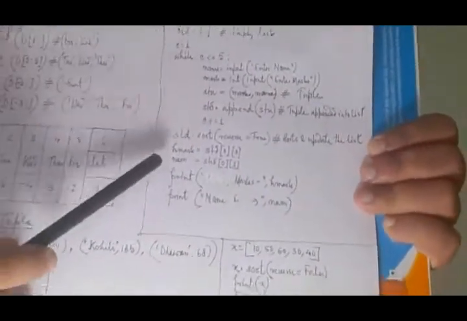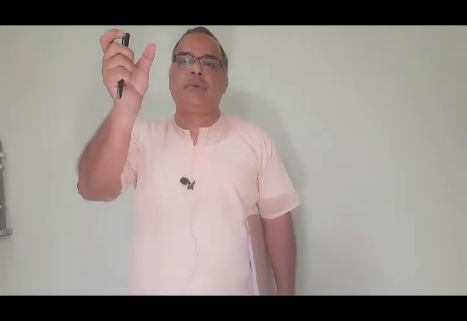Now naturally, when the values are sorted in descending order, the topmost array, that is array 0 0, will contain the highest value, and automatically the corresponding name will come, because the set of values of the tuple come together.